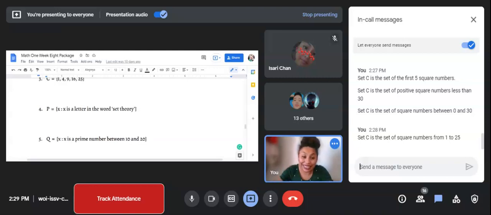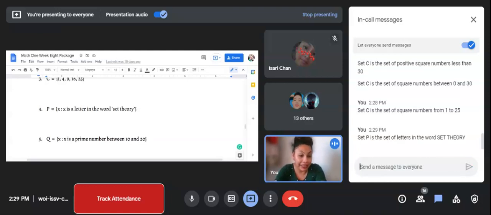I'm going to write the exact same thing that it says. I'm going to write that set P is the set of letters in the word set theory. Exact same thing. I don't have to change anything. The exact same thing that the question is giving me, that is what I'm going to write.